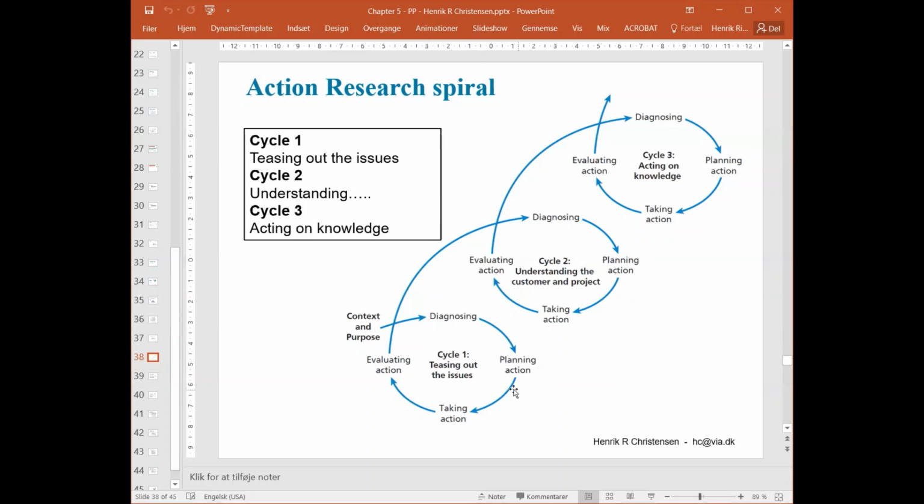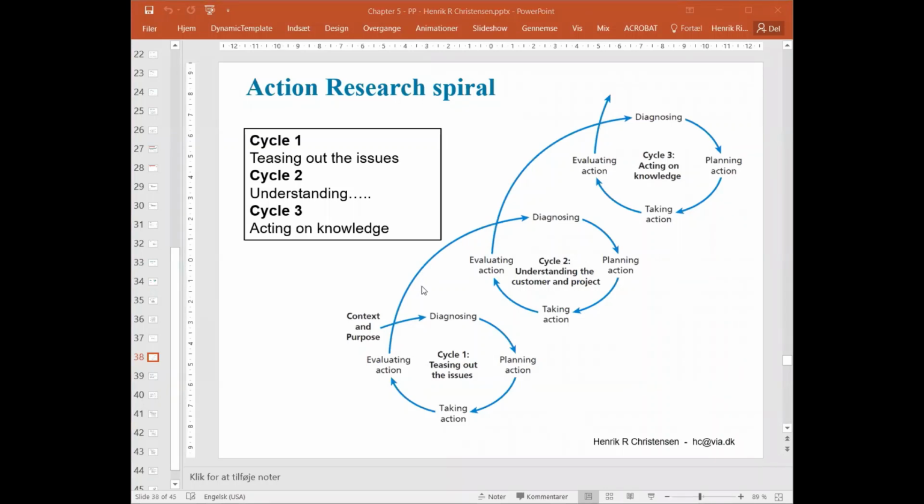And then you plan for what you would like to do, and then you do it, and you evaluate what happened. And based on that first cycle, you basically create a new understanding of your employees and what is going on in your department.